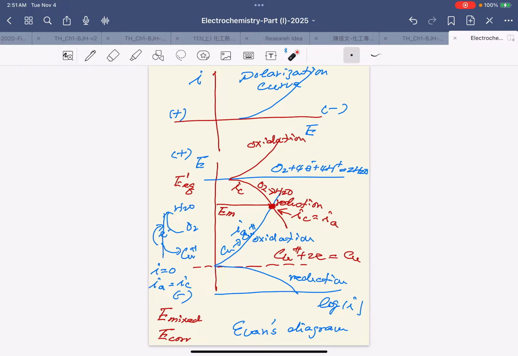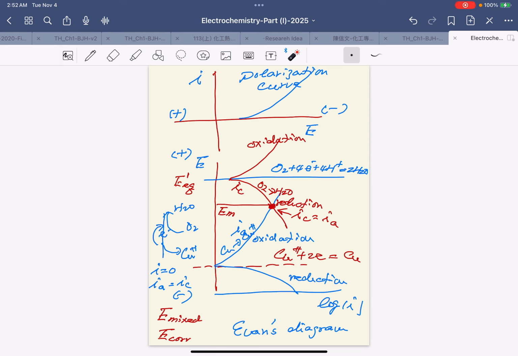But in this case, you put the copper and oxygen together. Of course, the copper oxidizes because the copper potential is lower and the oxygen potential is higher. So oxygen will be reduced, and copper will be oxidized. Then you get this intersection, and you get this mixed potential, or E corrosion.